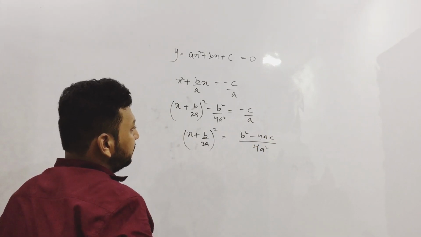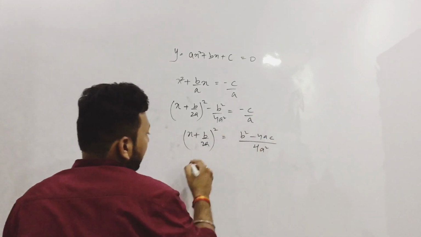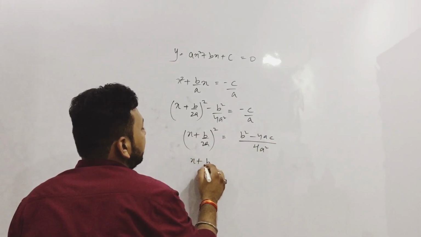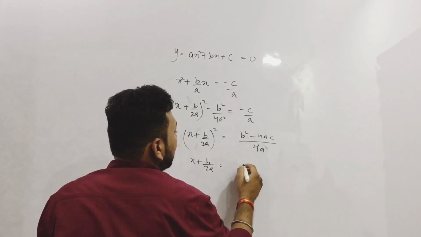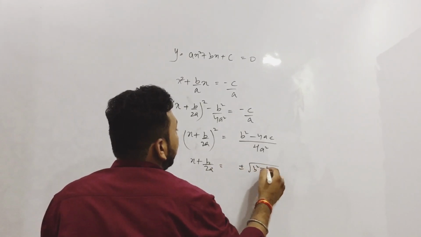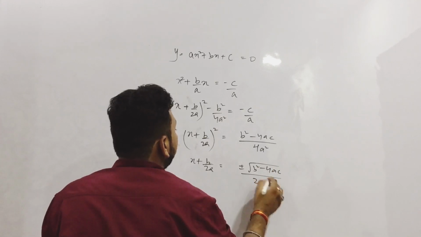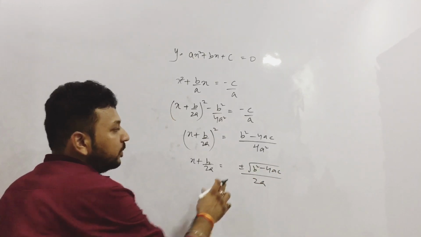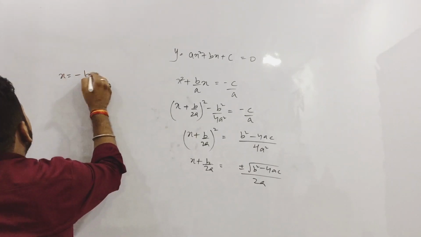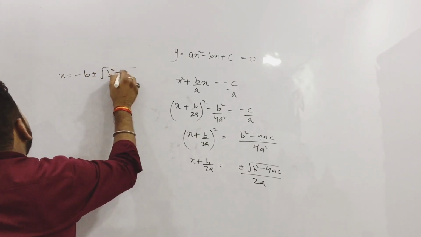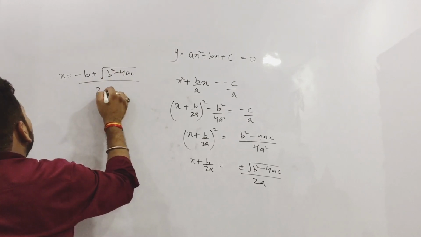If I take the under root, it will become x plus b by 2a is equal to under root b square minus 4ac upon 2a. Whenever we take the under root, the plus minus sign comes. So the answer is coming as minus b plus minus under root b square minus 4ac upon 2a.